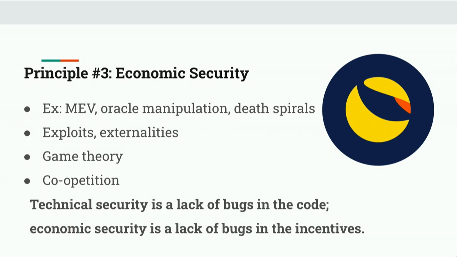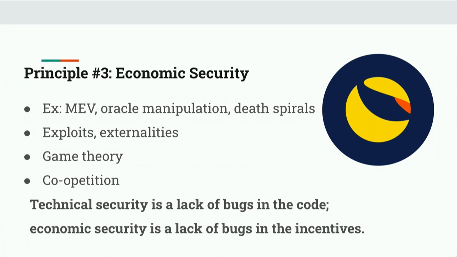And a few examples of this, because this is probably a newer concept to a lot of people. MEV is an example of a system that's not explicitly designed to do what it does. It's being taken advantage of, and that can hurt users in the long run. So MEV is an economic security vulnerability in a sense.